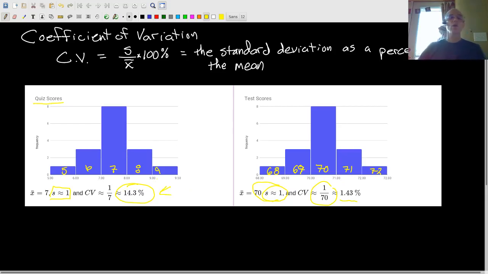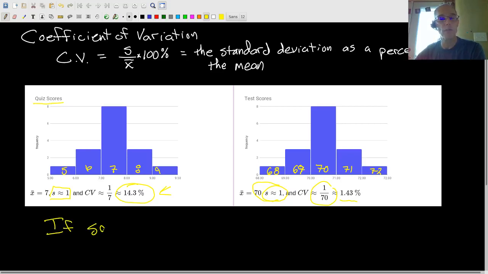Right? So you can't compare the standard deviation of two samples or two populations unless you compare the means also. If they don't have the same mean, the standard deviations are not directly comparable. So this is important.